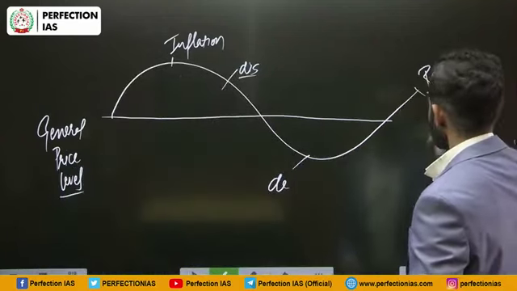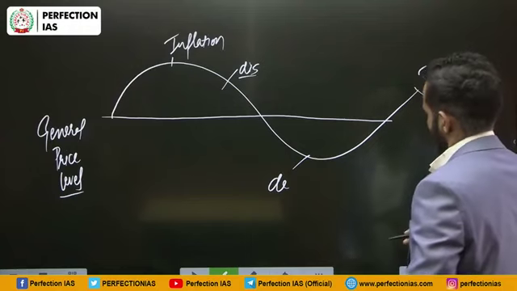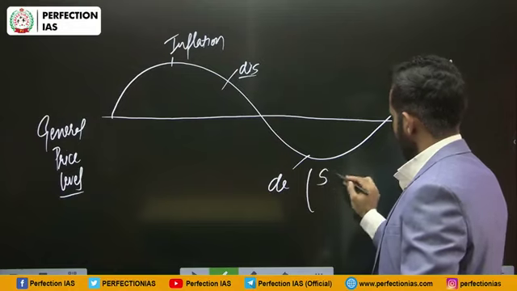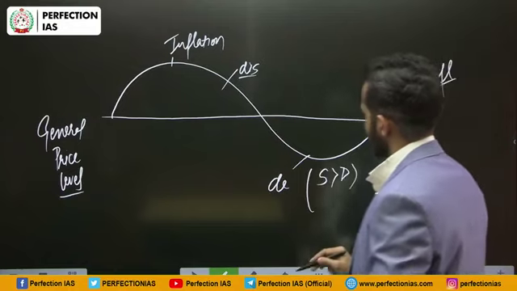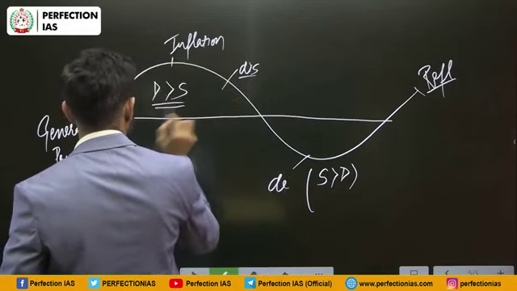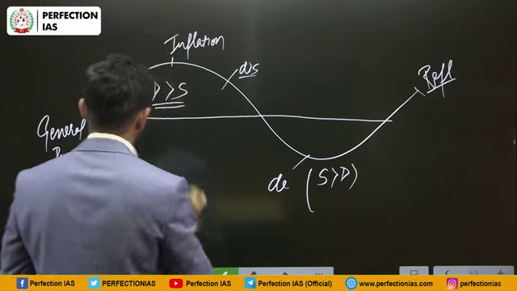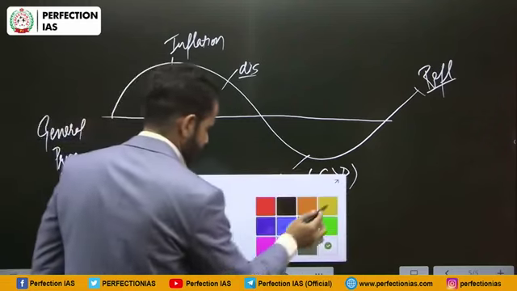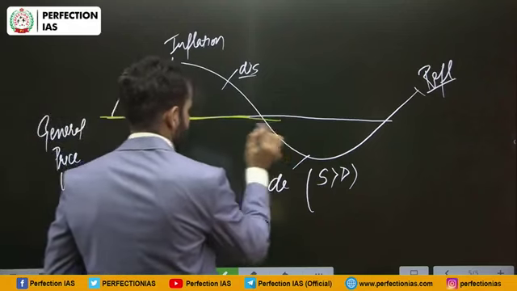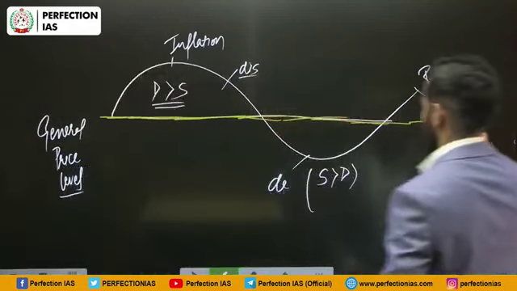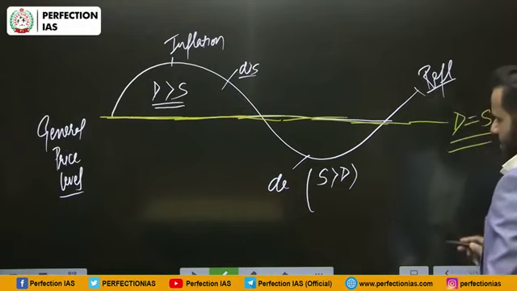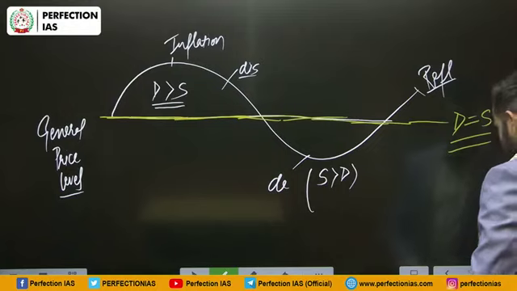We have already covered these topics in our previous lecture. This will be a situation of supply is greater than demand. This will be a situation of demand is greater than supply. So at general price level, that means at this yellow level, D, that is demand, is equal to S, that is supply. So this is the first situation.